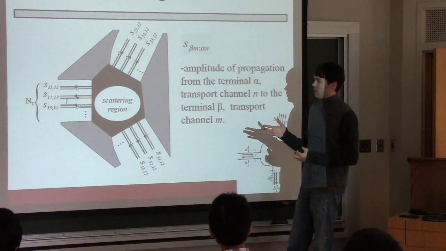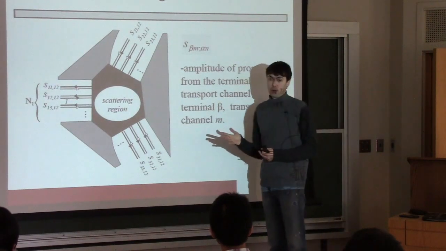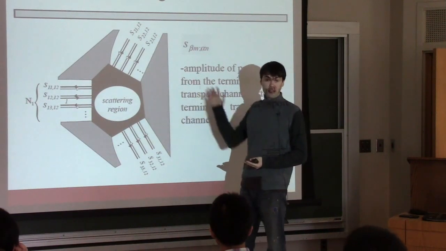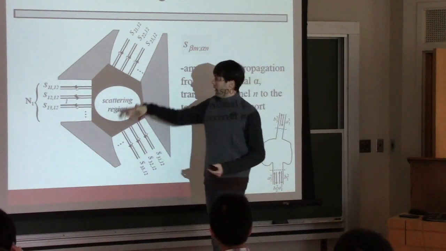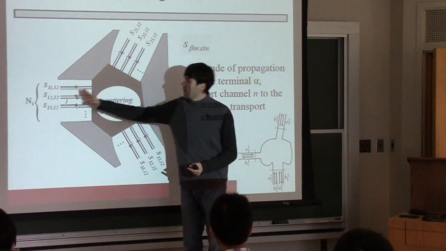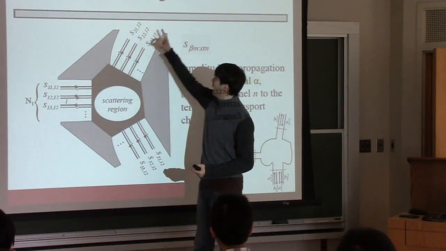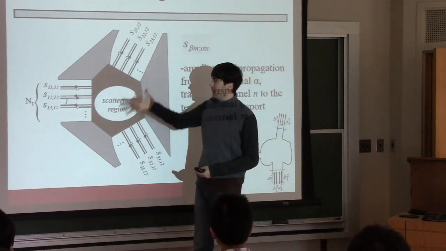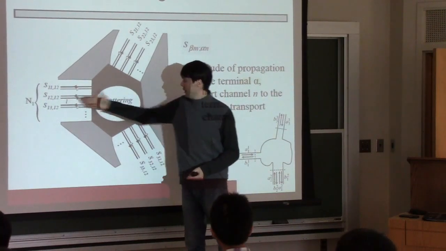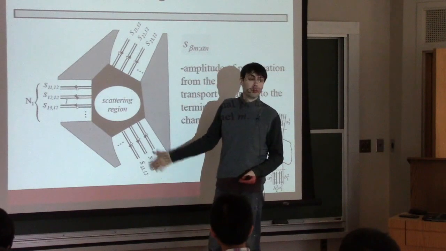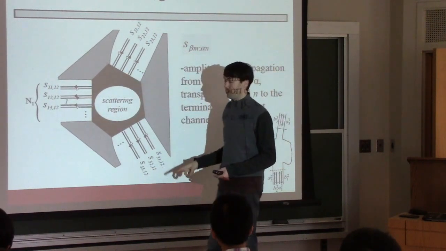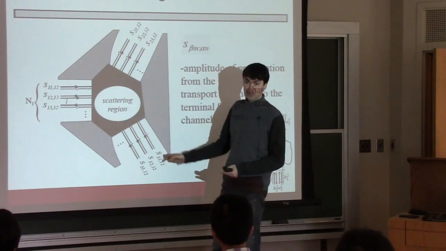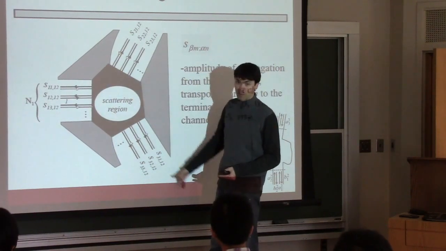And this approach can also be extended to more than 2 leads, where you don't just have left and right, but you have all kinds of probabilities going from 1 to 2 to 3. And you can ask yourself, what is my total probability of starting here and ending up here, taking into account all possible processes. So for each lead we have to define the number of channels that go in and scatter back.